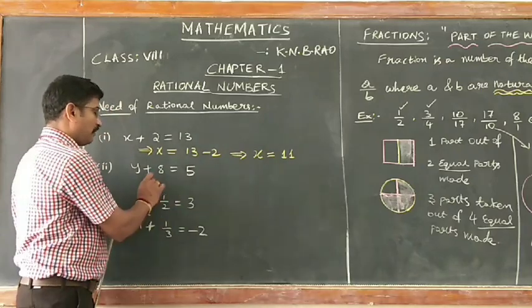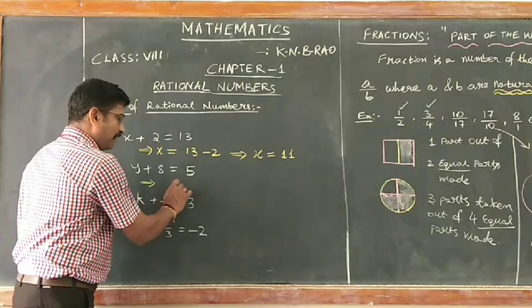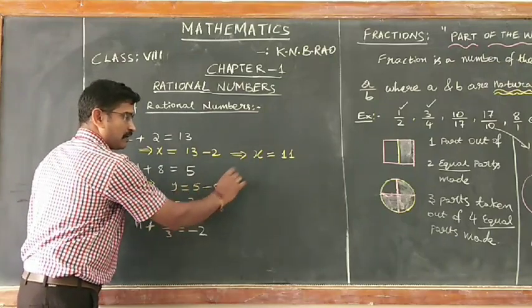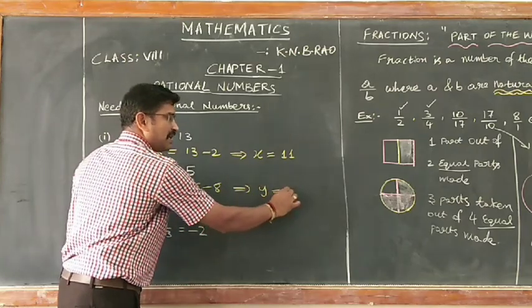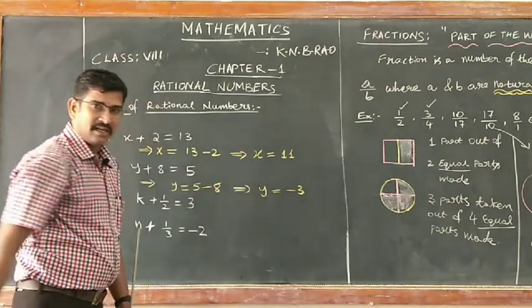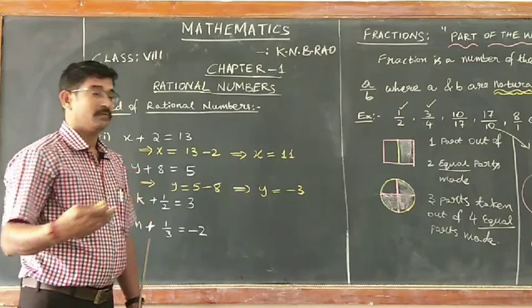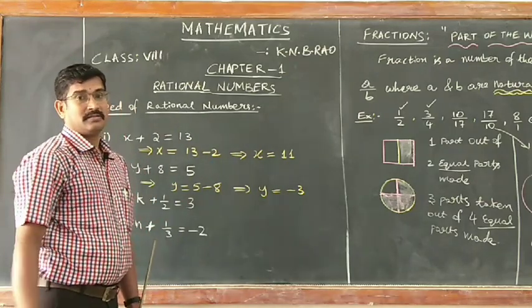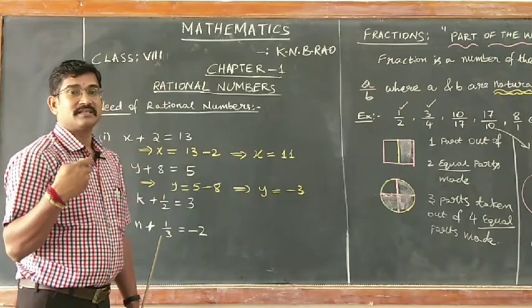Similarly, when I solve this simple equation, I will get the value of variable y being minus 3. It tells us we need negative integers. So, there is a need for integers now.